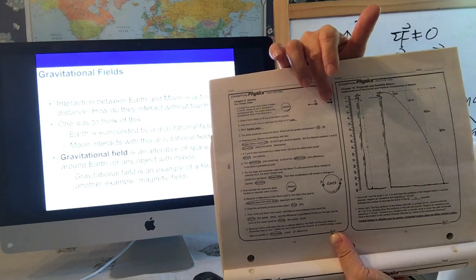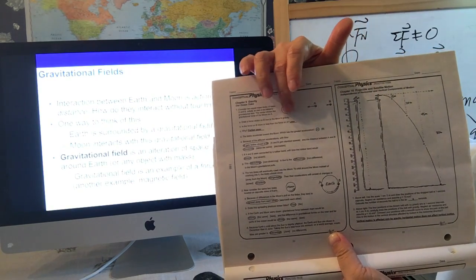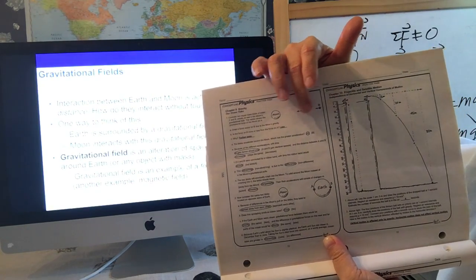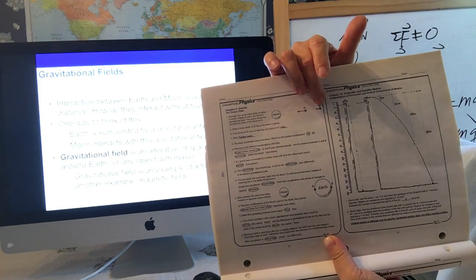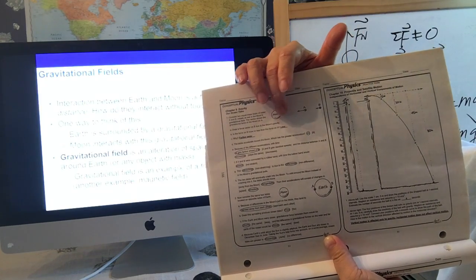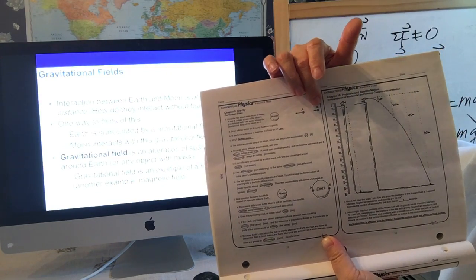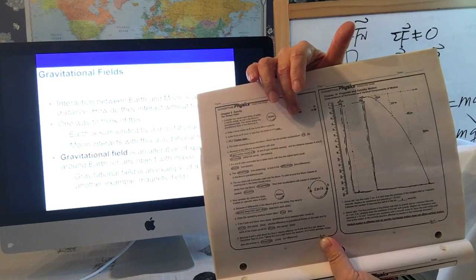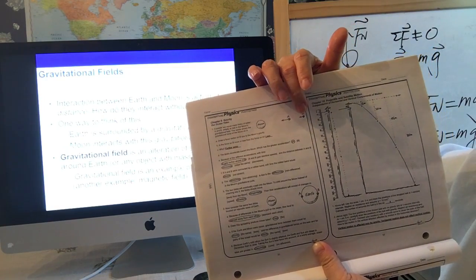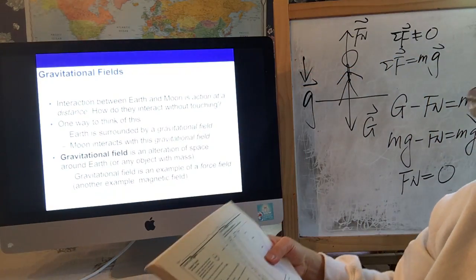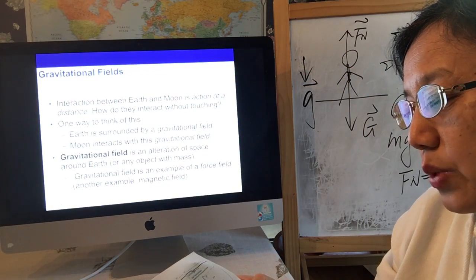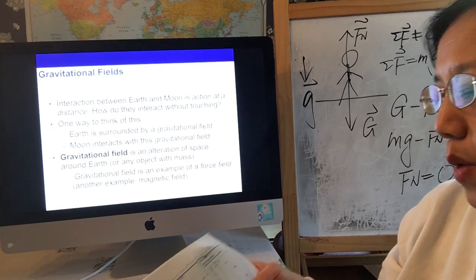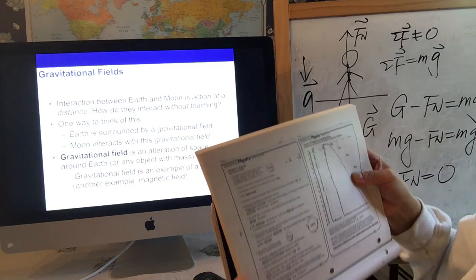But because the distance of A and B from the moon is different, the magnitude of the force acting on A and B from the moon is different. Because of that difference, if you imagine there is a rubber band between A and B, the rubber band is going to stretch.